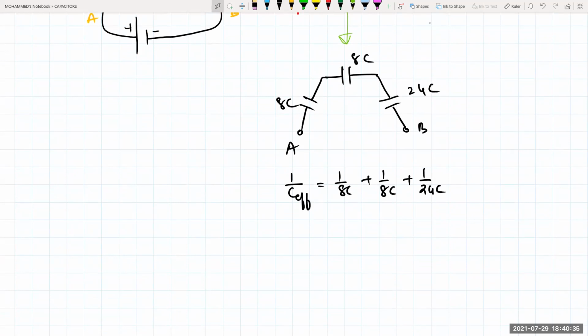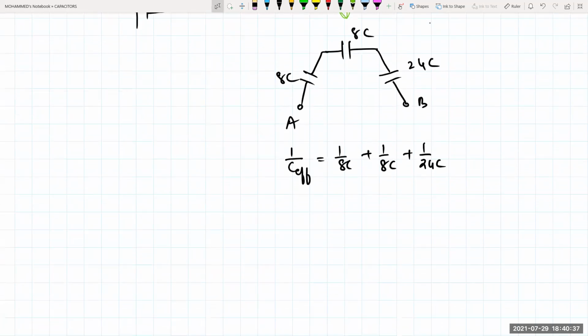We can take the LCM. Adding 1 by 8C and 1 by 8C, what do we get? 2 by 8C.